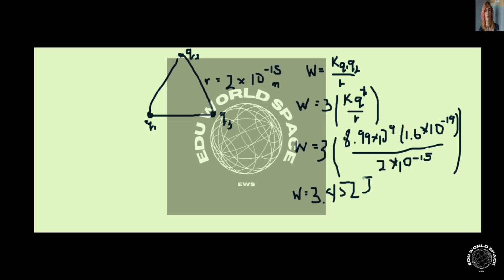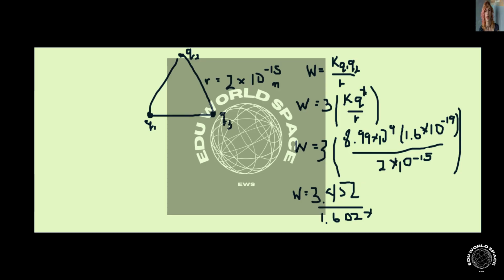Now, if you want to convert this into mega electron volts, MeV, then we have to divide it by 1.602 times 10 to the negative 13.